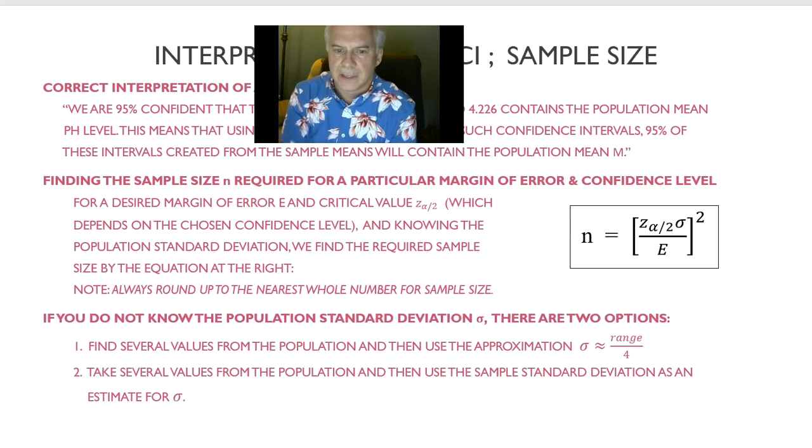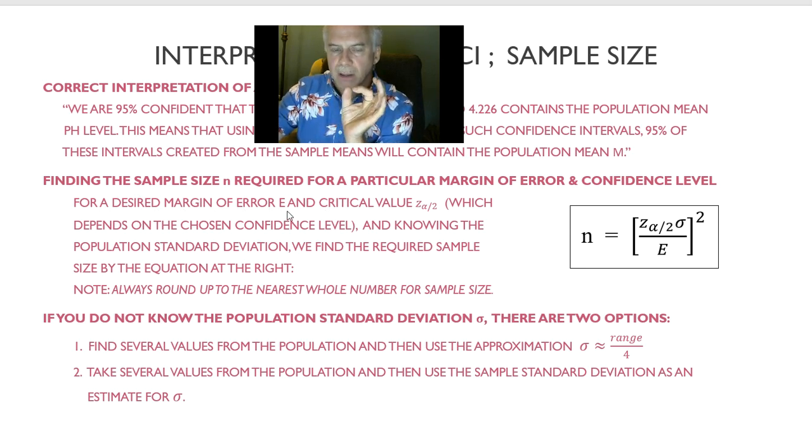So the last item here is how do you determine the sample size required for a particular margin of error and confidence level? So let's say you want a certain margin of error.